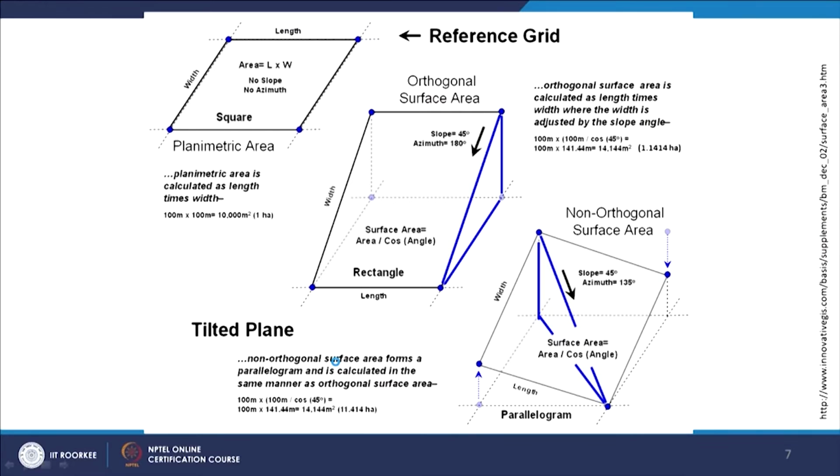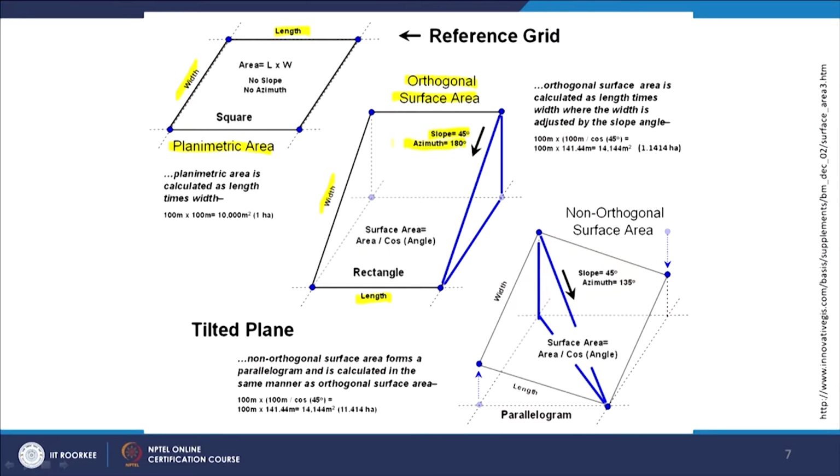Now I would like to add a little more complication here. In planimetric area, you just multiply length and width and you get the area. But if the surface is orthogonal, that means you have an inclined surface in orthogonal fashion, then again you can calculate it with length and width, where the slope is 45 degrees and the azimuth, that means with reference to the north, is 180 degrees.